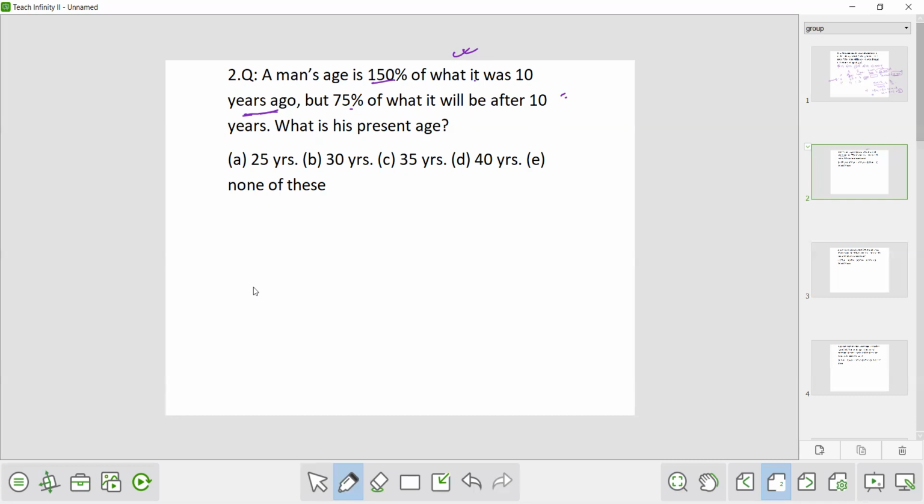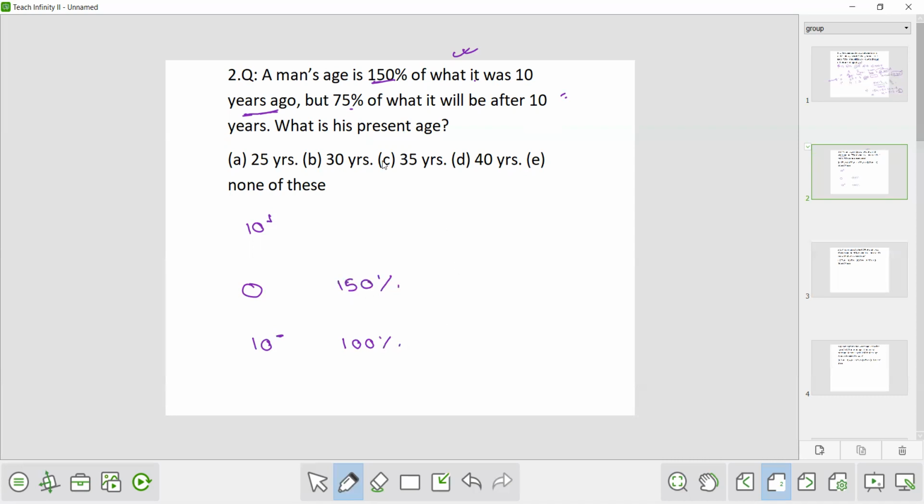So here 0 means present age, here it is 10 plus and here it's 10 minus. It is given the man's age is 150% of what it was 10 years ago. Let's say 10 years ago, the man's age is 100%, so at present it will be 150%.